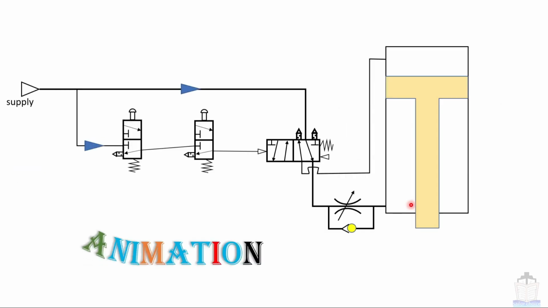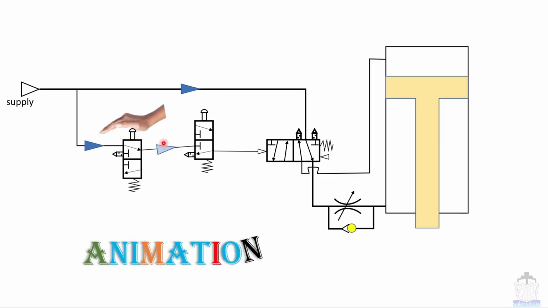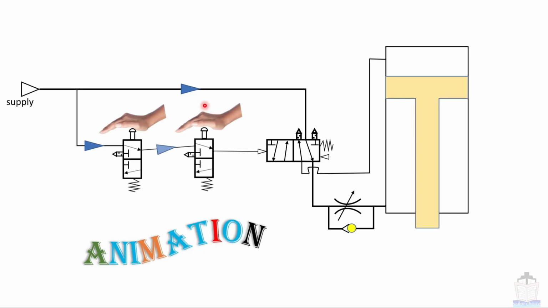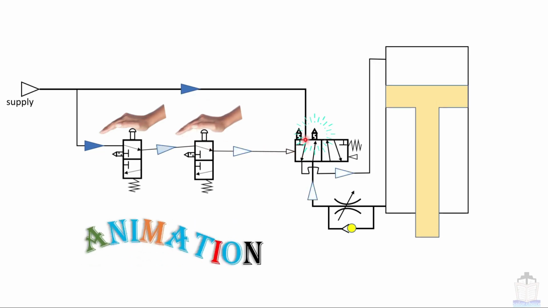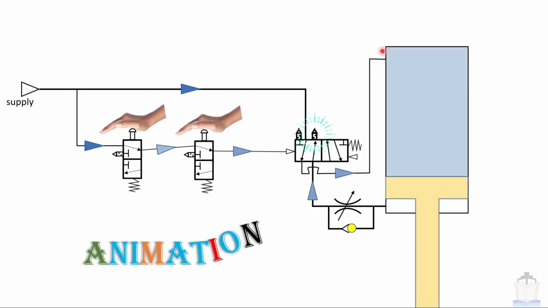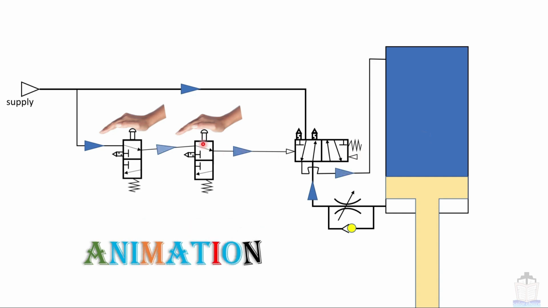So let's start. This is the animation part. I am going to operate this valve. So I have operated it. Now air will reach here. It will wait, and when I operate this valve, then air will reach here. It will do pilotage and air will start going like this. Now the reverse process, I am just taking off this hand.